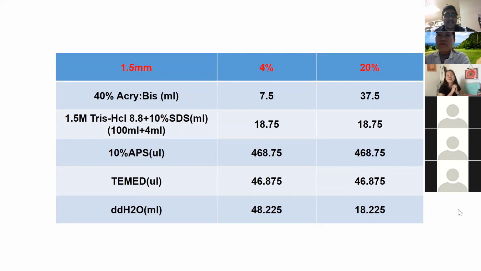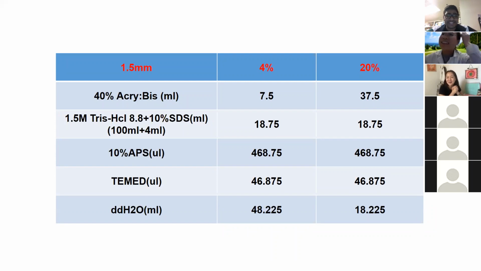We have to buy the whole lot, like 10. We cannot buy just one gel. So this is very cost effective.